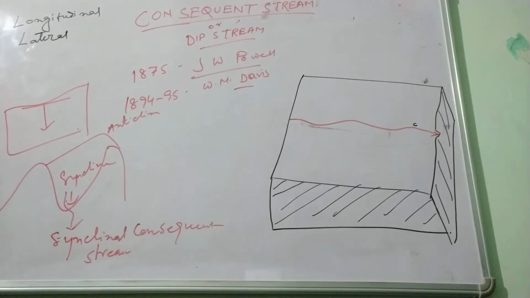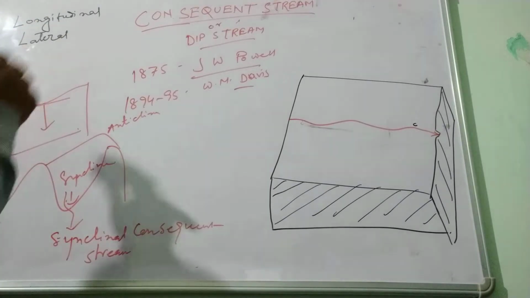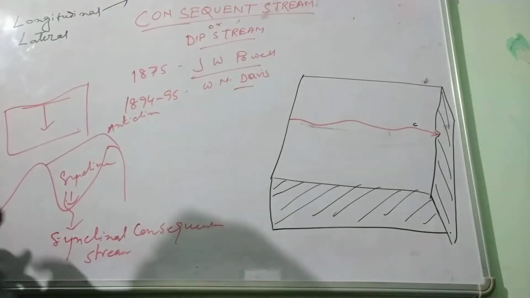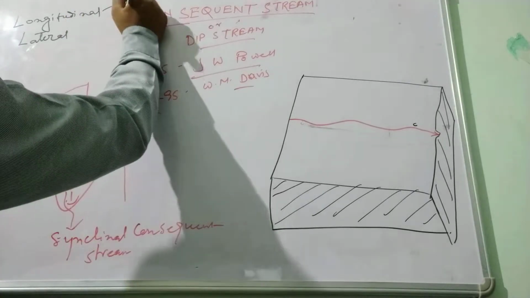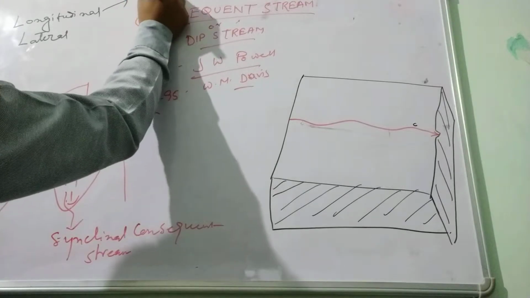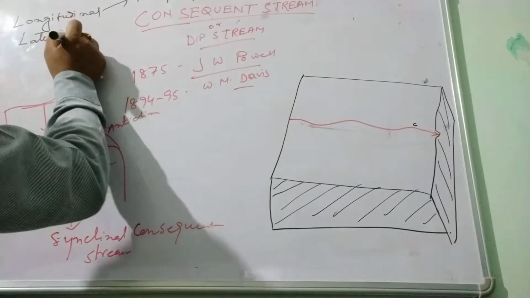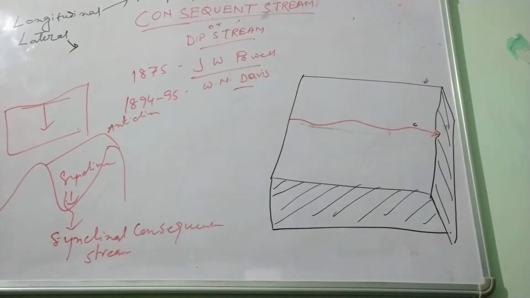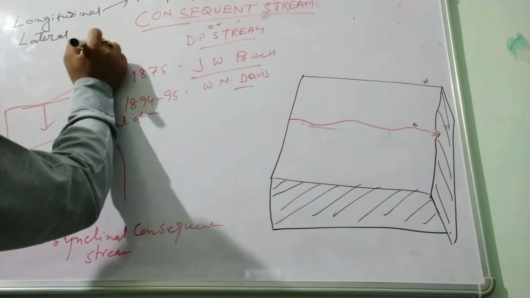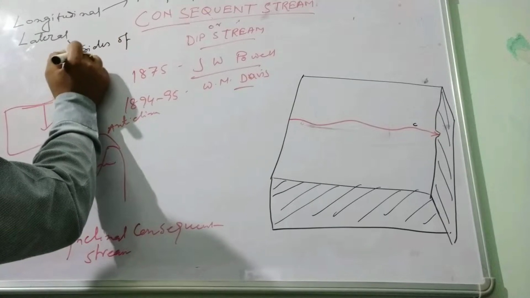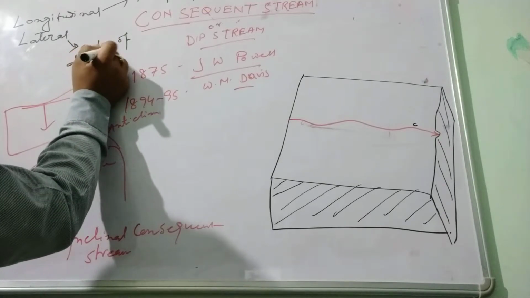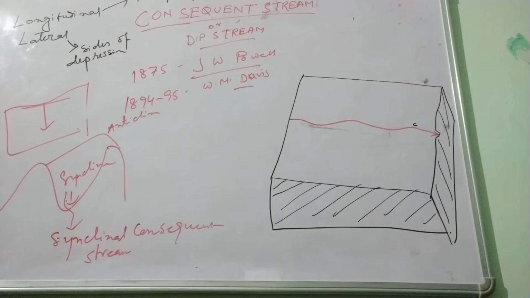The longitudinal consequent stream follows the axis of depression, and lateral consequent streams follow the sides of the depression. These lateral consequent streams join the longitudinal consequent stream at right angles.